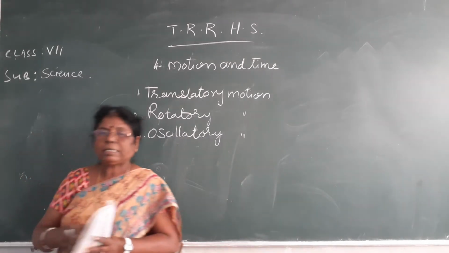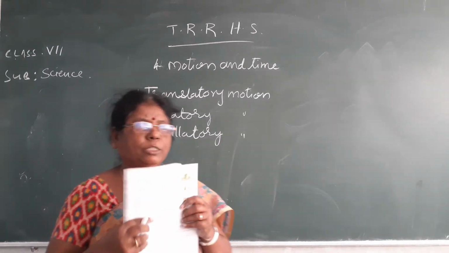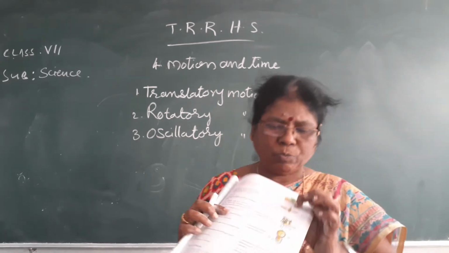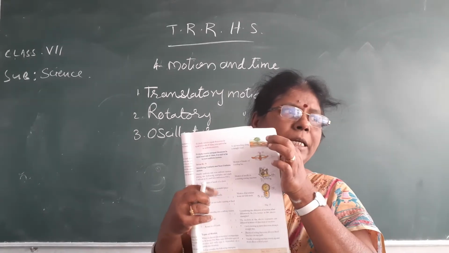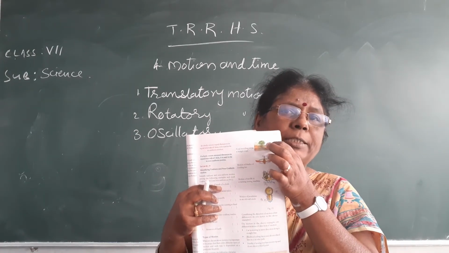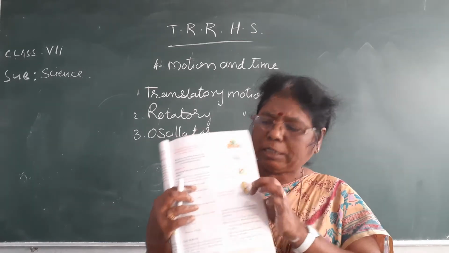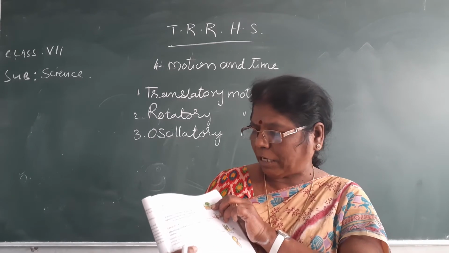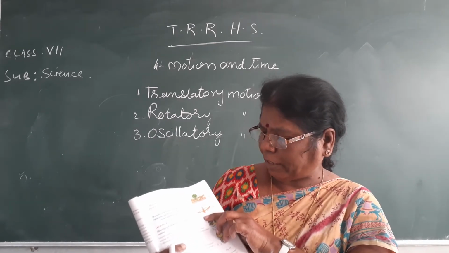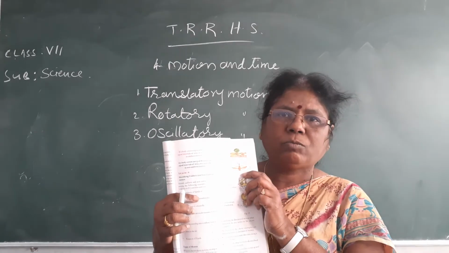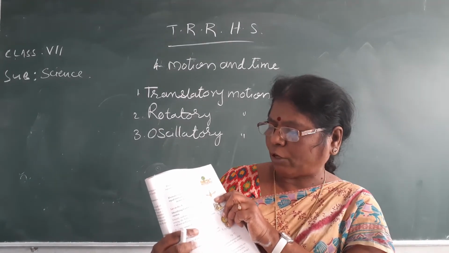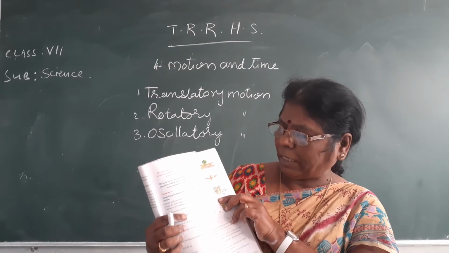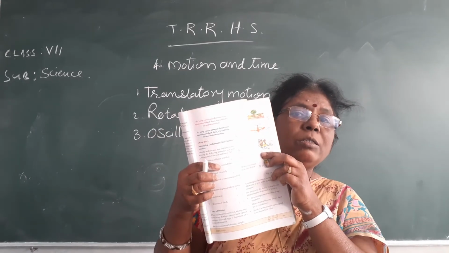Here you see the types of motions given. You are seeing a tree and a car. The car is moving along a straight line. Here you are seeing the blades of a ceiling fan, and the motion of a needle in a sewing machine.